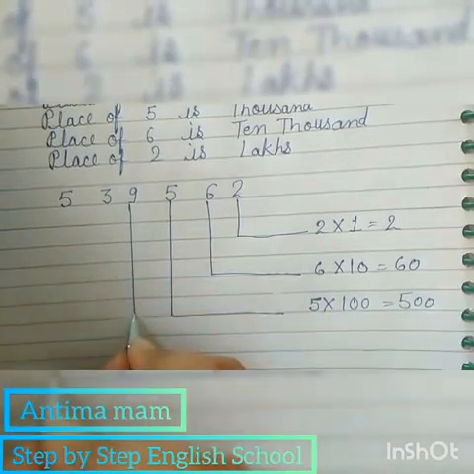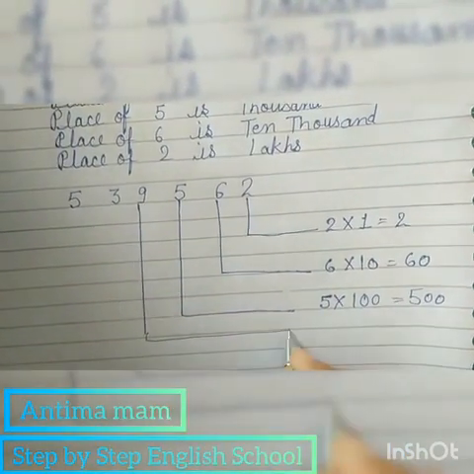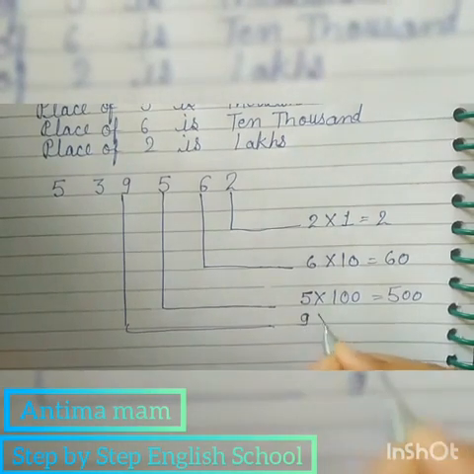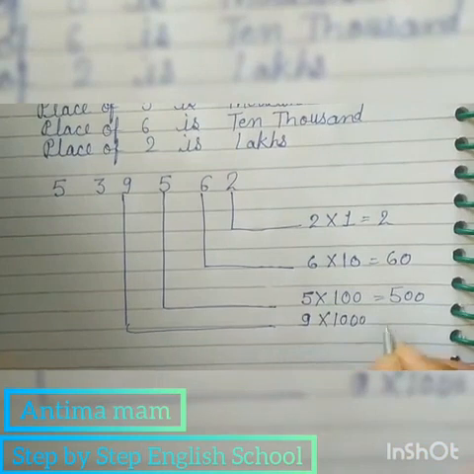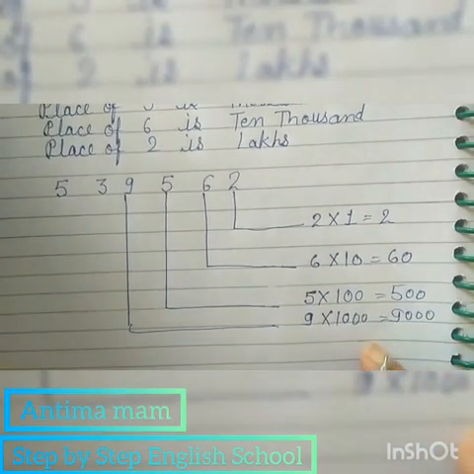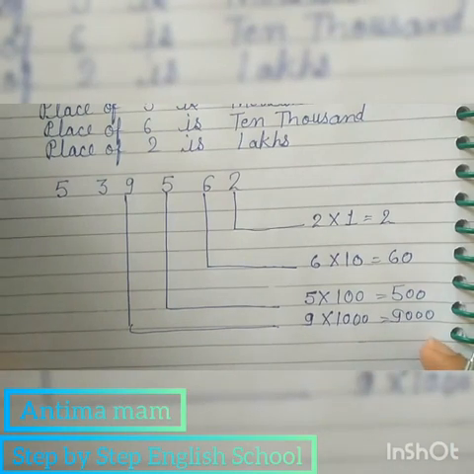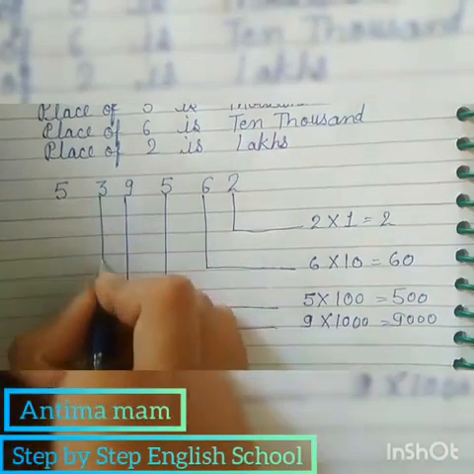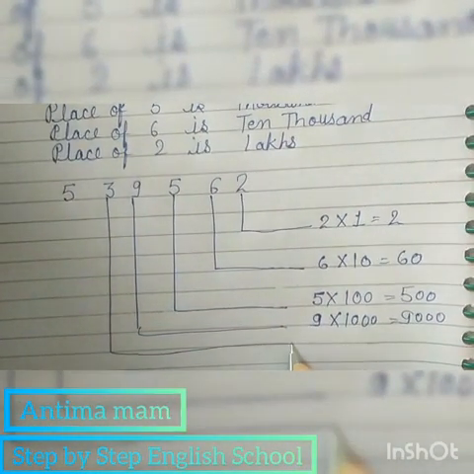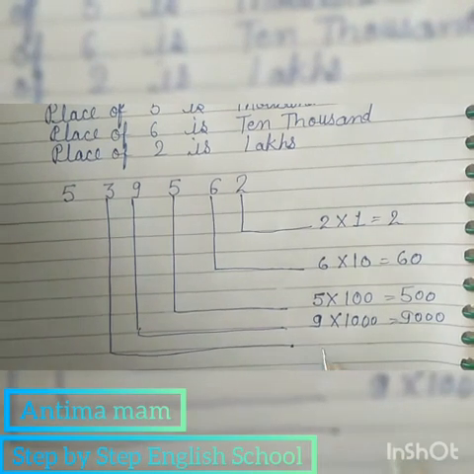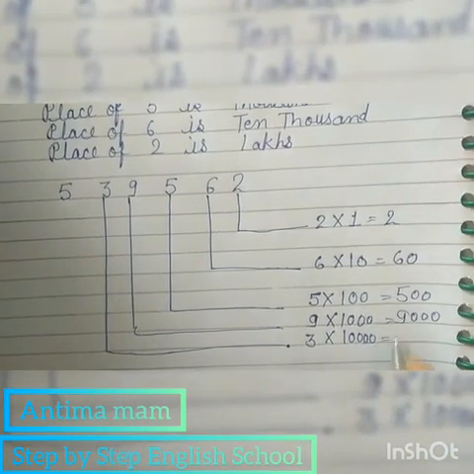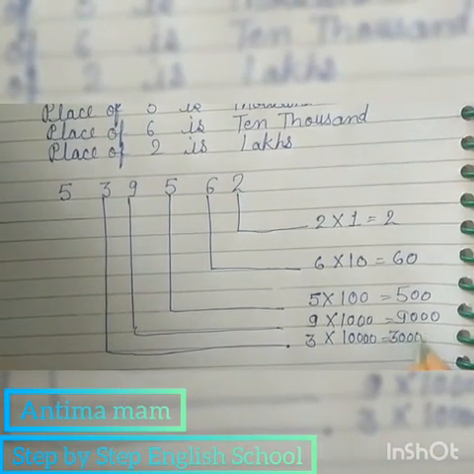Next 9. 9 place is 1000, so 9 multiplied by 1000 is equal to 9,000. So place value of 9 is 9,000. Next 3. Place of 3 is 10,000, so 3 multiplied by 10,000 is equal to 30,000.